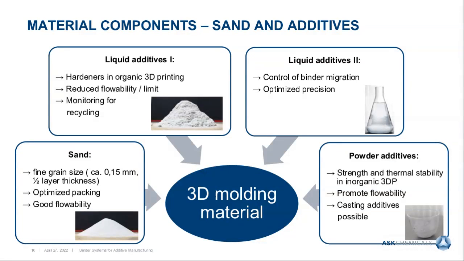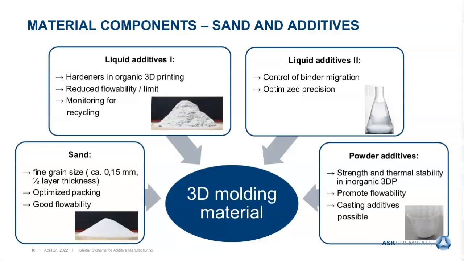Adding liquids to the sand reduces the flowability, so there is a limit for those additives which can be added. And since they can be volatile liquids, one has to monitor the amount of liquid additives, especially when considering using not printed material and recycling it for the next printing job.